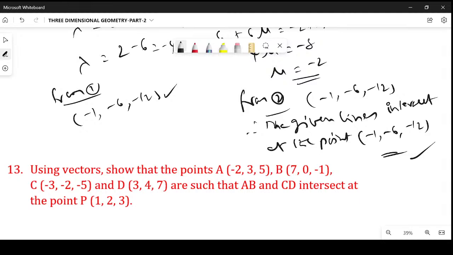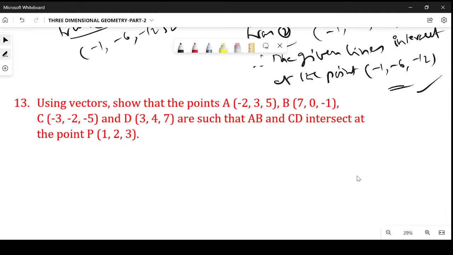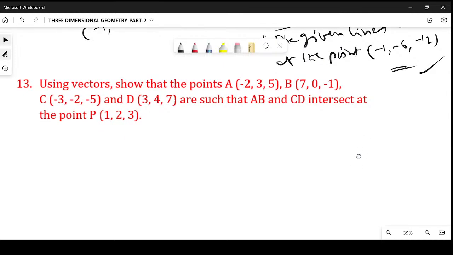Okay, fine. Using vectors, show that the points A, B and C intersect at the point 1, 2, 3. They are asking using vectors. It is the same concept as what you have done.